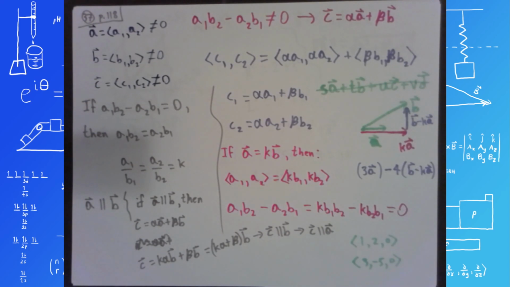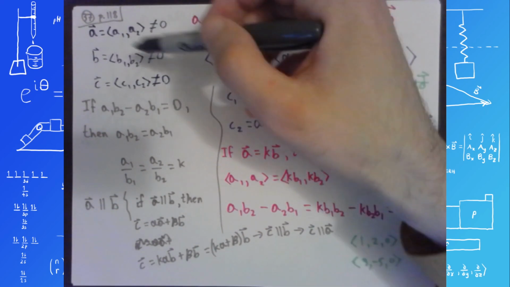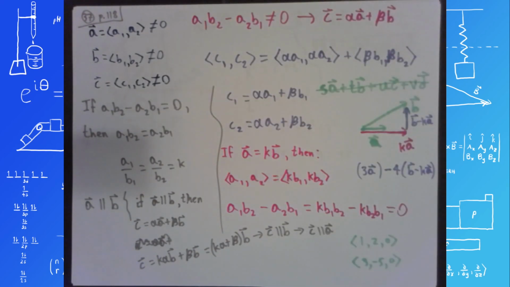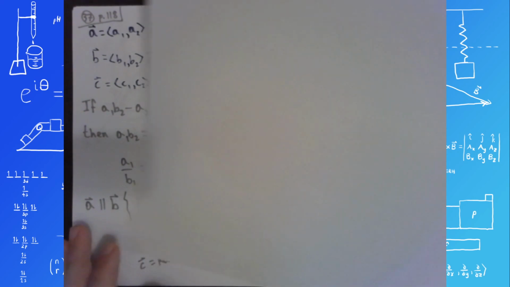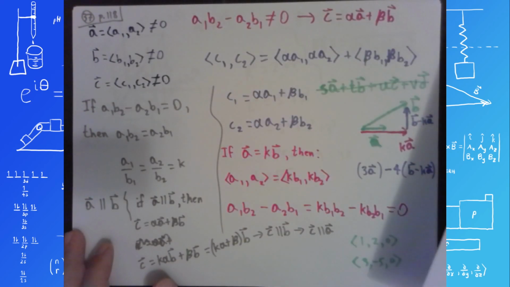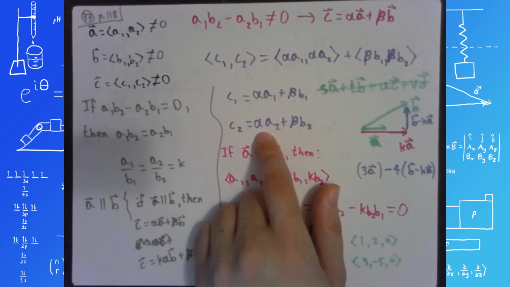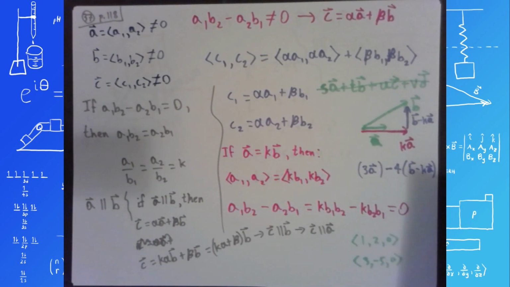Anyway, let's get to work on proving that if A1, A2, B1, B2, C1, and C2 are all known, then you can derive a formula that provides you with whatever alpha and beta you need. So I wrote those equations over there, so I'm going to copy them over to this next sheet.